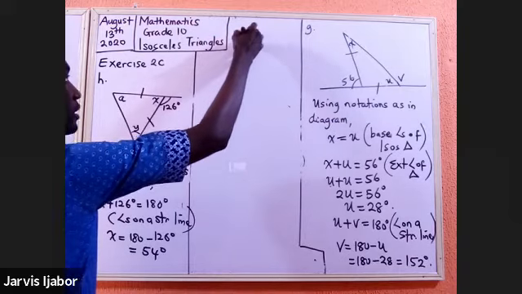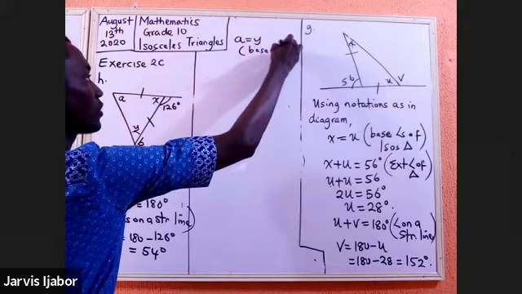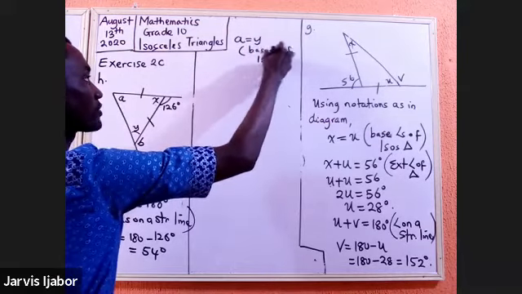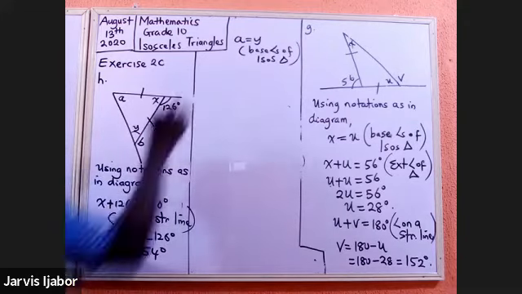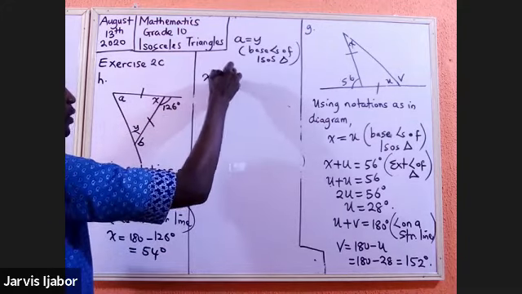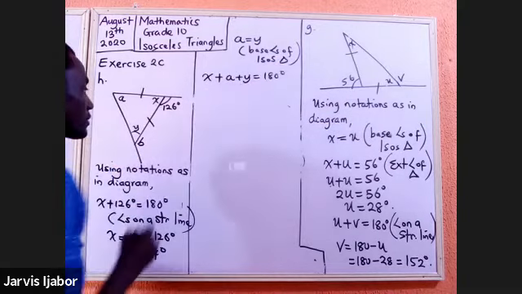A is equal to Y, base angles of isosceles triangle. A is equal to Y. So with that said, X plus A plus Y is equal to 180 degrees.